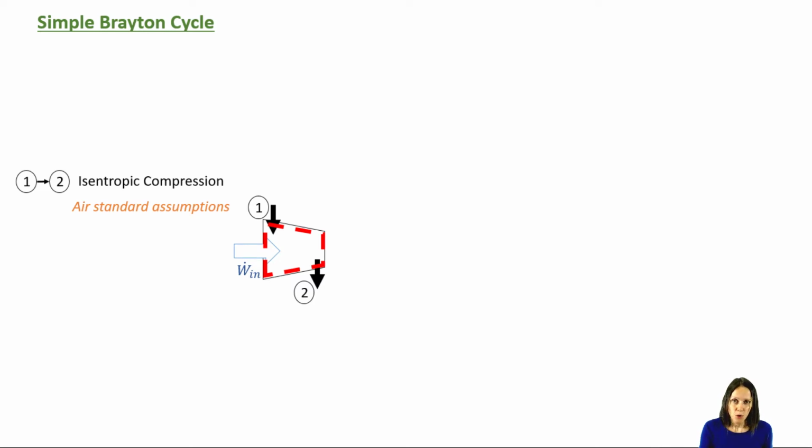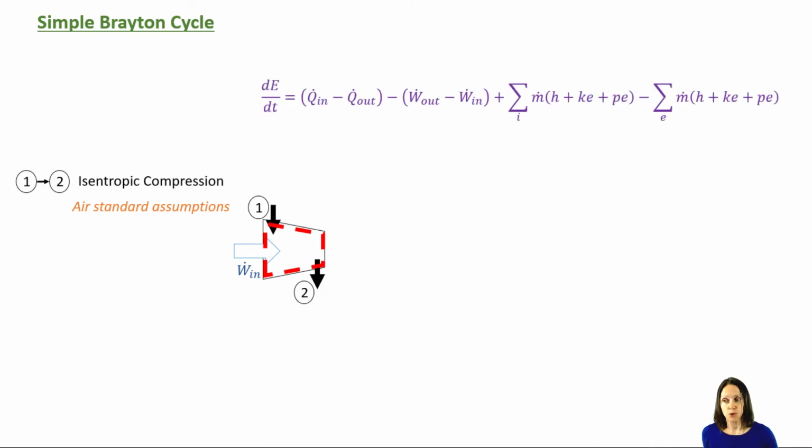But for this particular device, the way I've drawn my boundary, I have mass coming in and mass going out. So this system is an open system, and I need to apply the open system form of the first law, in subscript form. This is the equation I'm going to start with for each of these four processes.